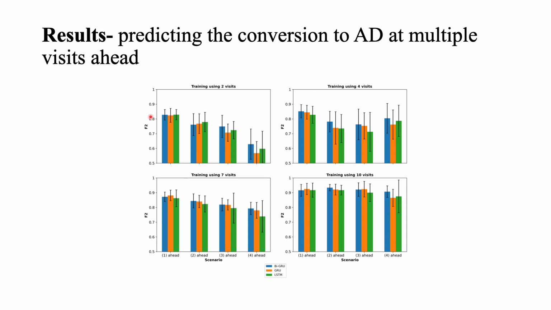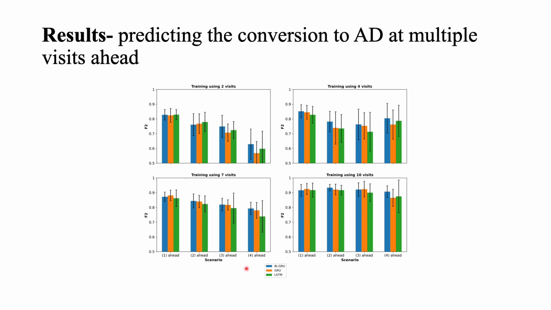We compared our model to a gated recurrent unit and long short-term memory. For comparison, we trained four models for each approach using 2 visits, 4 visits, 7 visits, or 10 visits to predict the next 4 visits ahead.